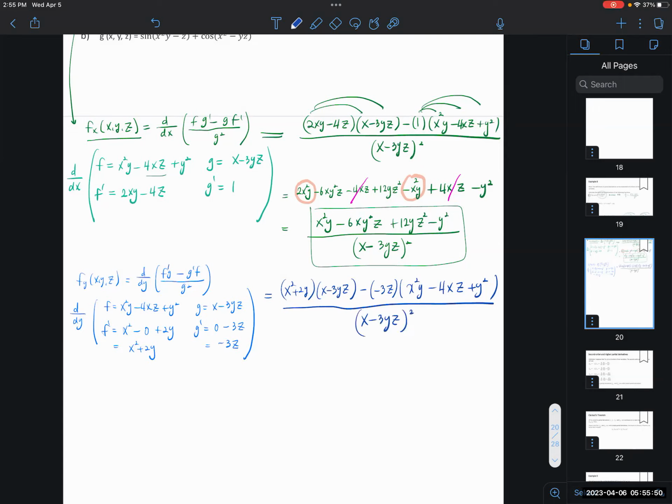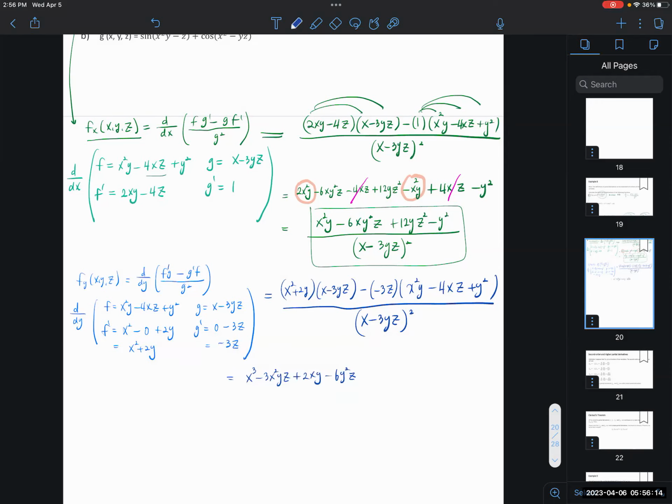Again, please expand all the numerator, we have to do. So if you try it, expanded, x to the third, minus 3x squared yz, plus 2xy minus 6y squared z, correct? That's the first part.